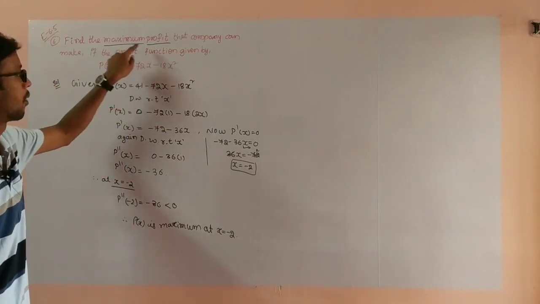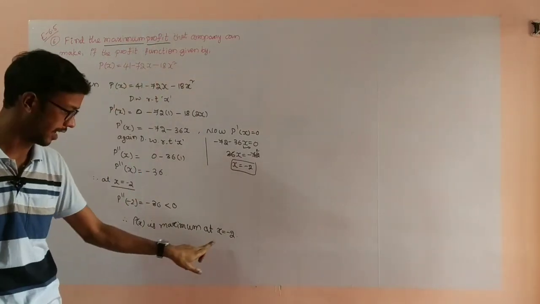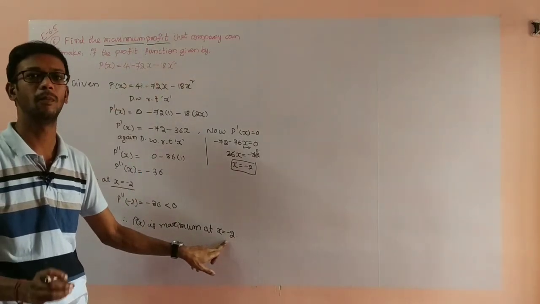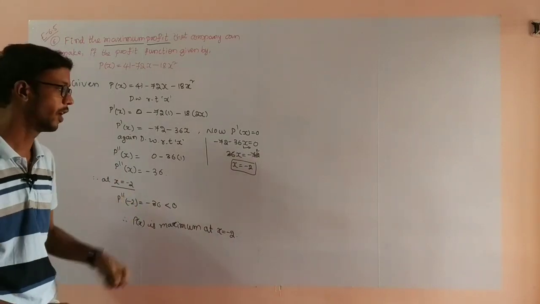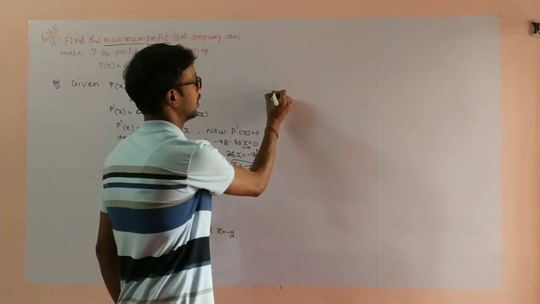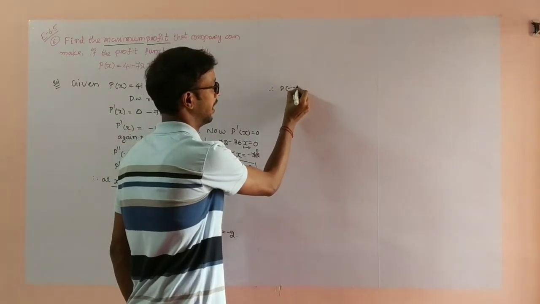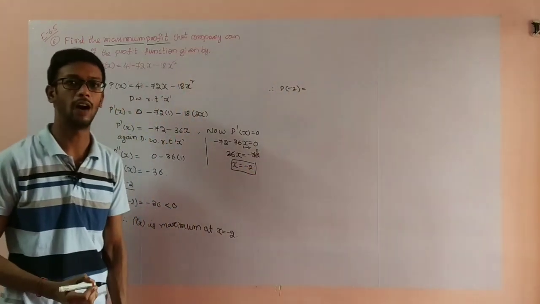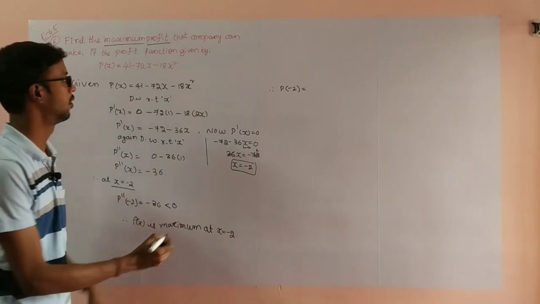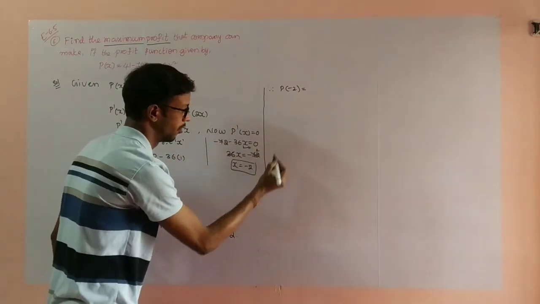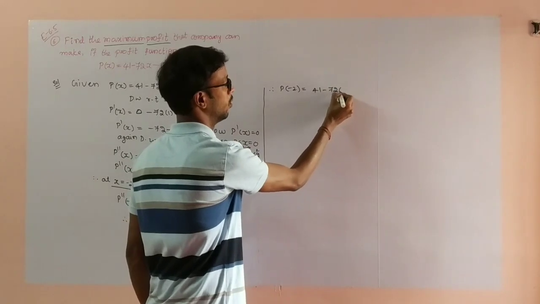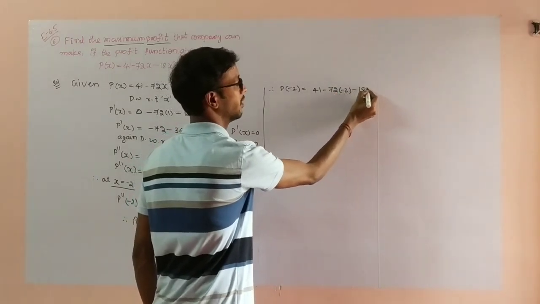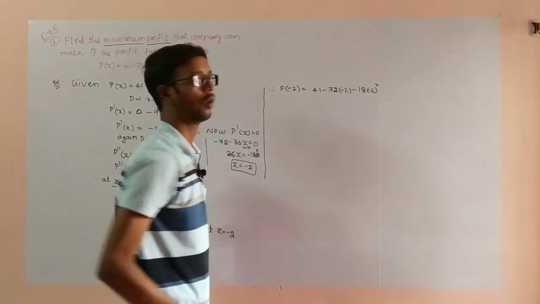What do we need? Profit. At x equal to minus 2 you will get the maximum profit. What is the maximum profit value? To find the value, P of minus 2 you have to find. P of minus 2 is 41 minus 72 into minus 2 minus 18 into minus 2 whole square.